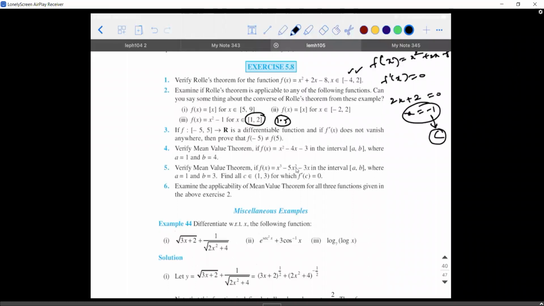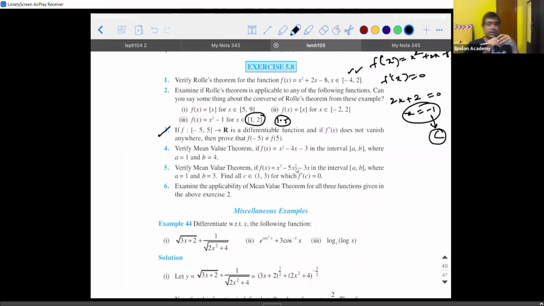Next. The third one is, f is a function mapped from minus pi to pi to R, a differentiable function, and f dash of x does not vanish, meaning f dash of x is not equal to 0. Then prove that f of minus pi is not equal to f of pi. It's actually a very simple problem.